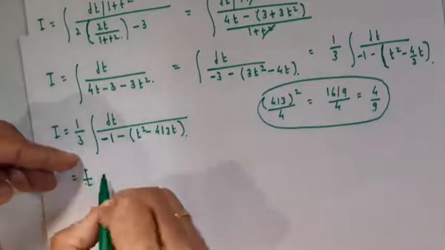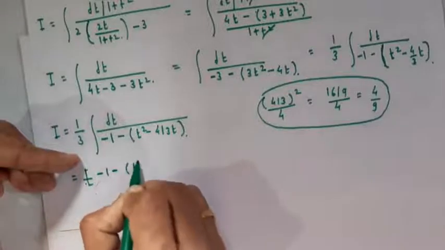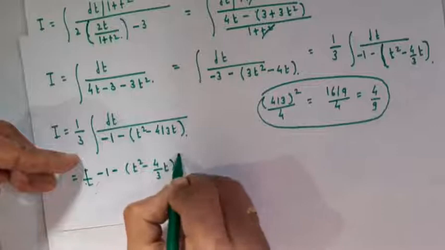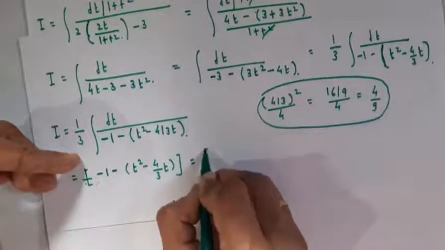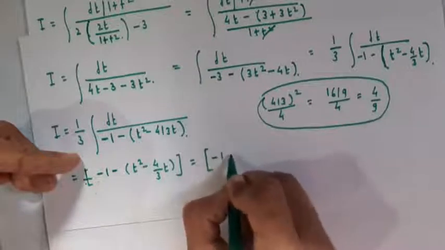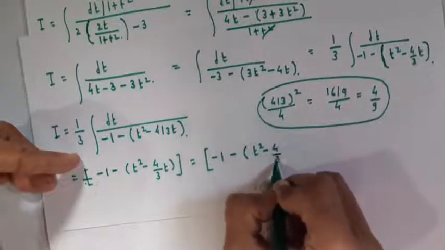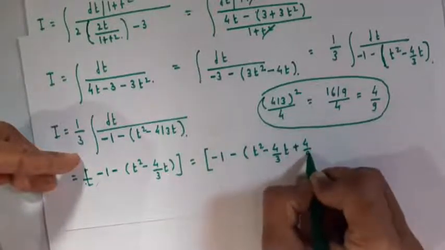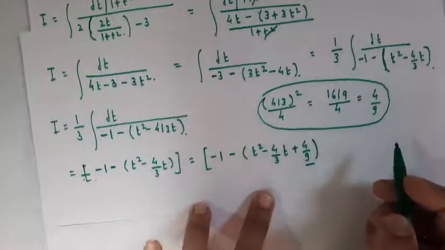the term, that is minus 1 minus t square minus 4 by 3t. For completing the square, we will adjust 4 by 9. So here that is minus 1 minus t square minus 4 by 3t plus 4 by 9, and minus 4 by 9 we have to adjust.